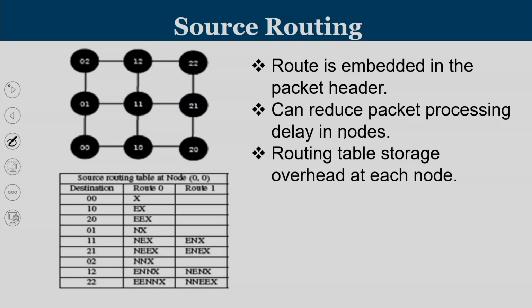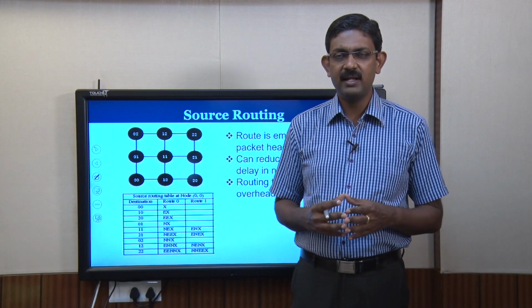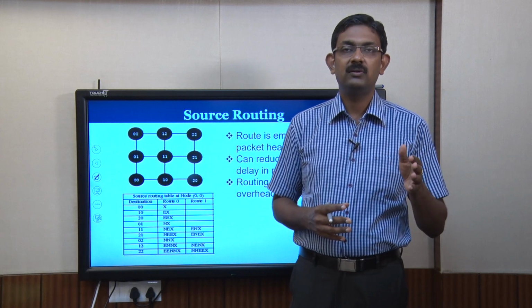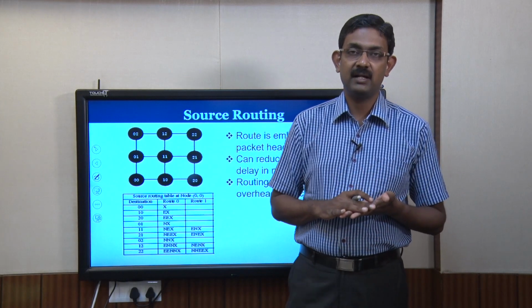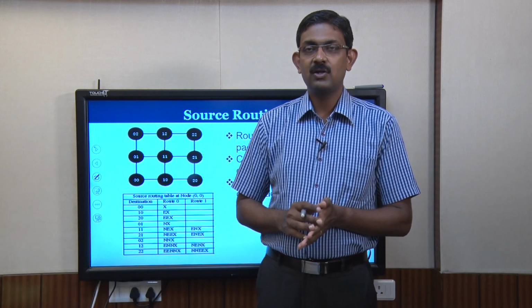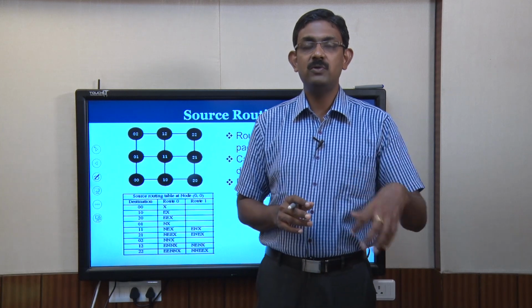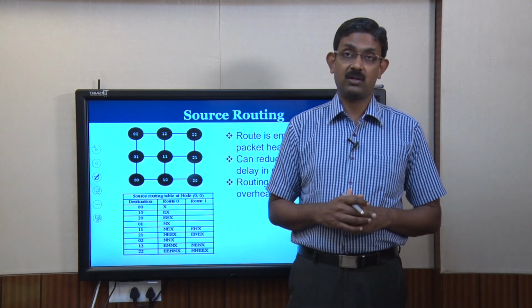But how are you going to get this route information? Every router needs to accommodate a table, and the table contains all the details pertaining to every destination in the network. Let us say there are 10 destinations in the network; the route to reach all 10 destinations should be available in each and every router.